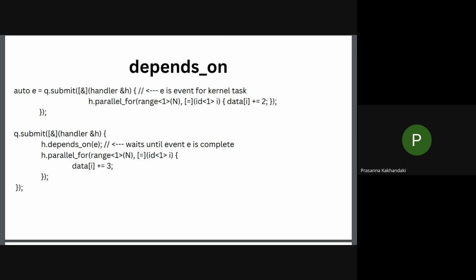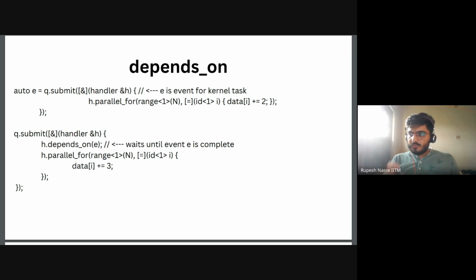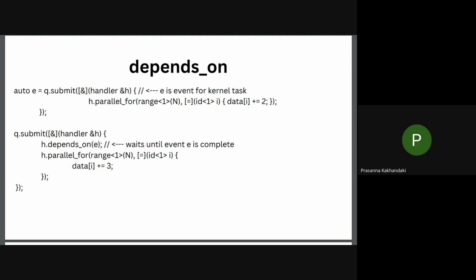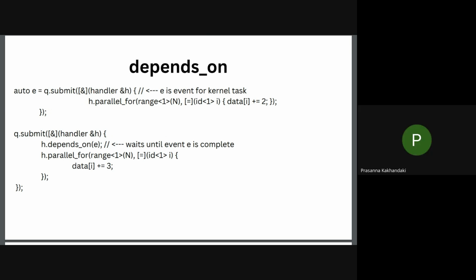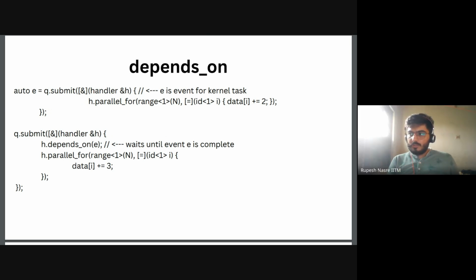So this is where we are. You understand why we require dot wait, right? Yes, we are just waiting until the kernel task has been completed. So now understand this from the developer's point of view.